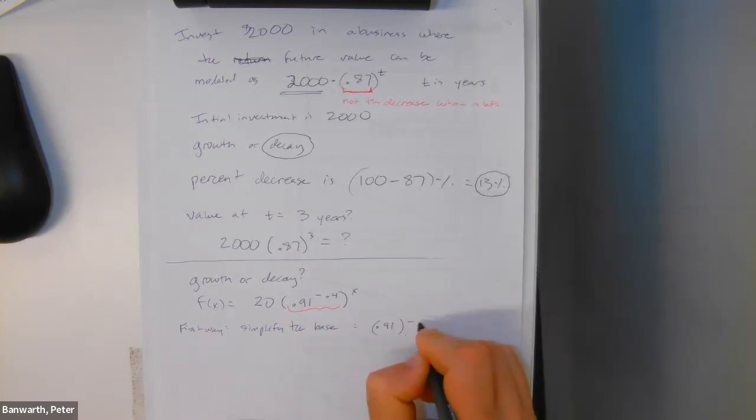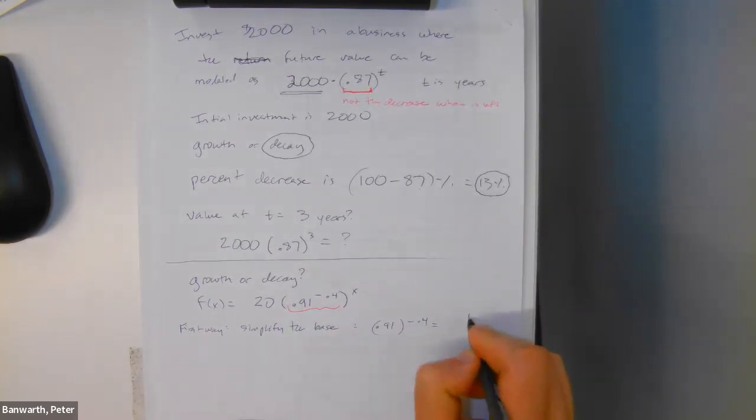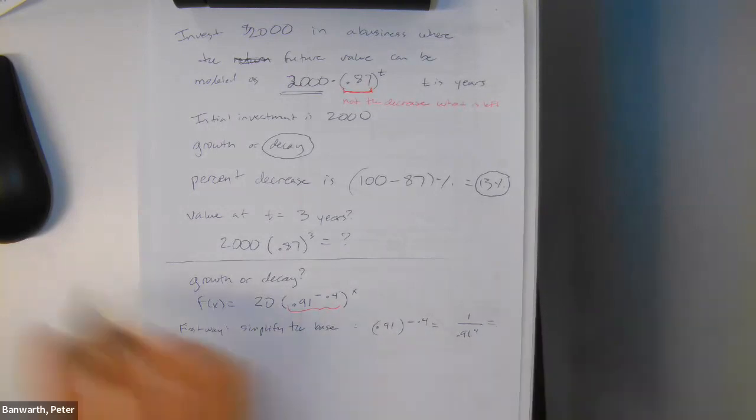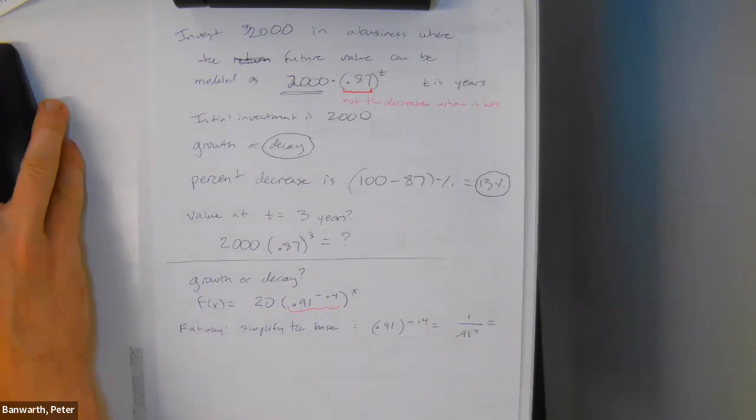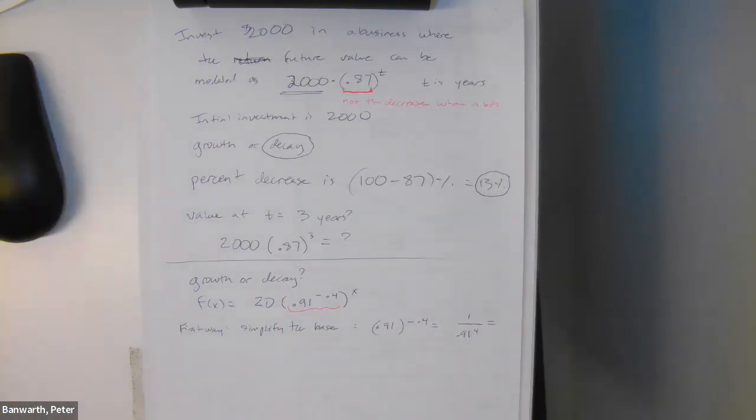0.91 to the minus 0.4 is the same as 1 over 0.91 to the 0.4, which if we do that is 1.038. This is bigger than 1, so that's growth.